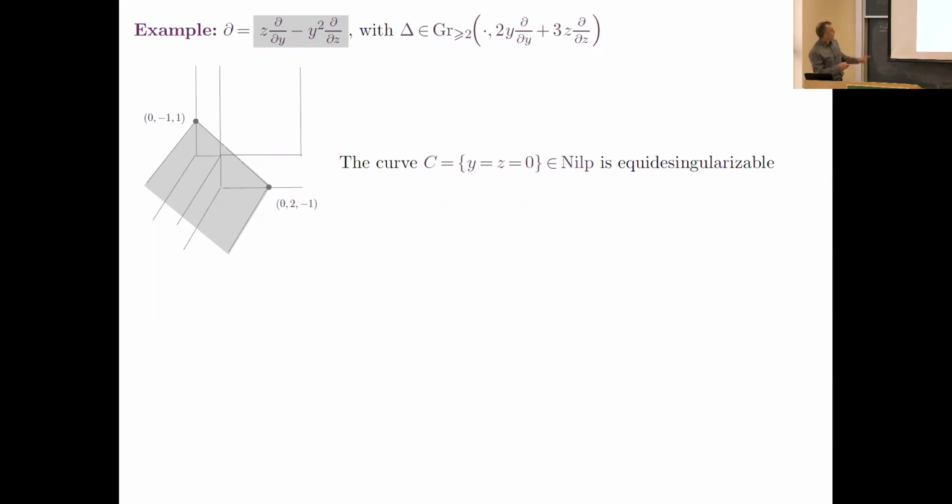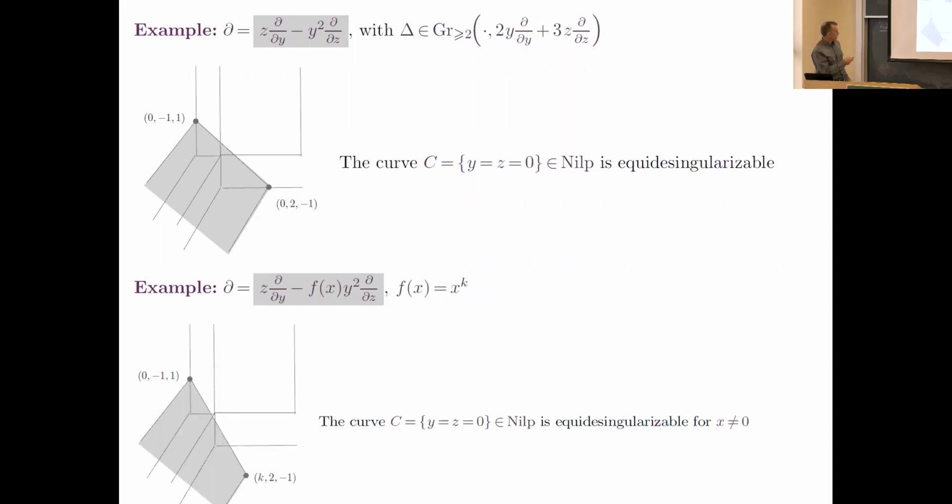Now what happens? Suppose that you have this situation, but you add this function f here, right? So this function f, let's say something of the form f(x) equals x to the power k, right? So now this curve is no longer equidesingularizable, because there is a point at the origin which is more complicated than the rest, right?